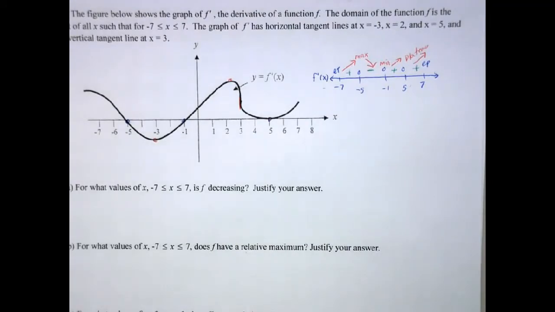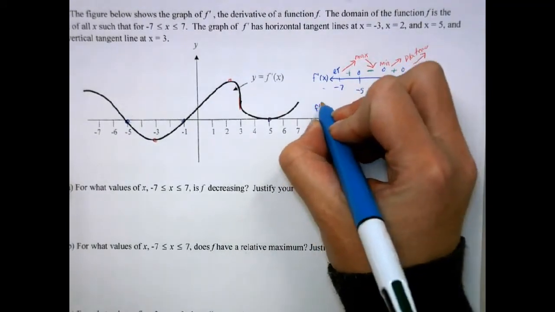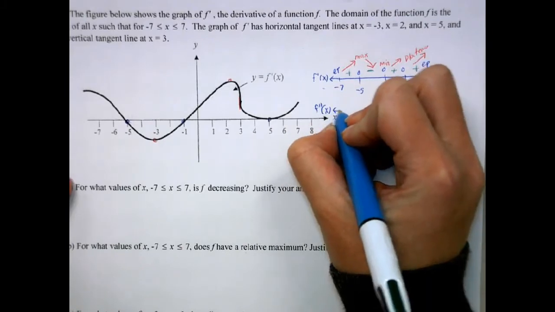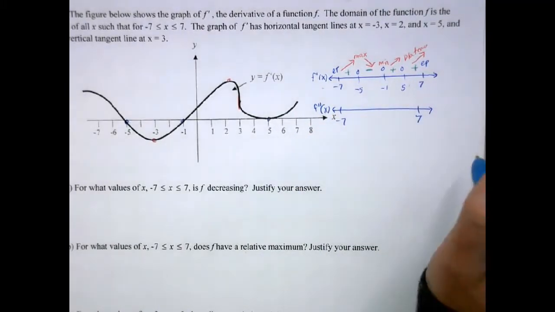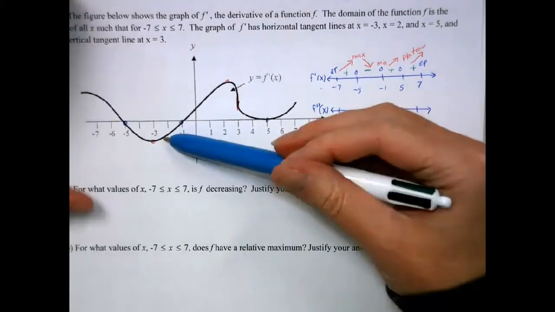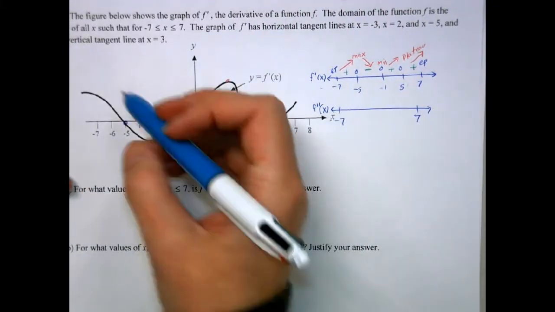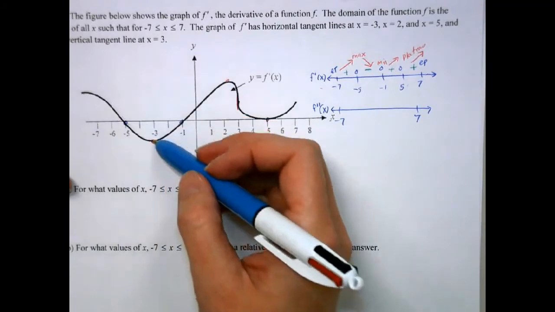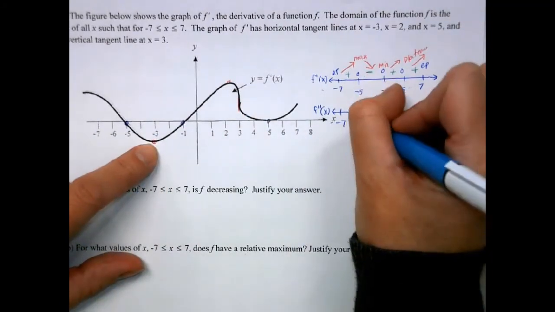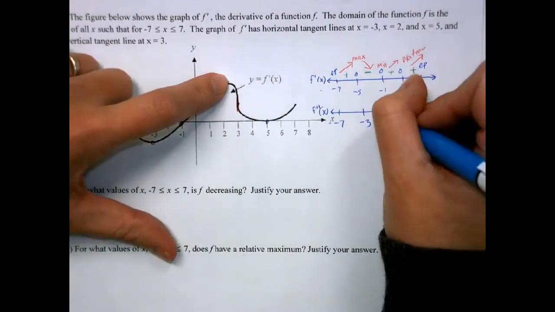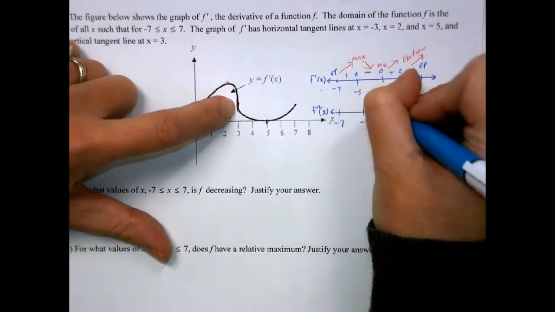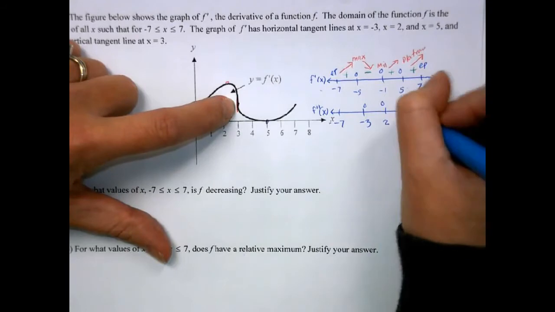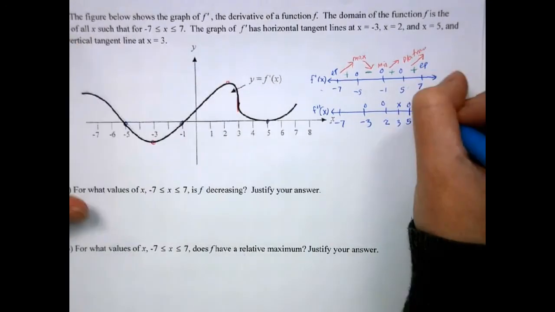We'll go ahead and do our second derivative while we're at it. So now we're looking between -7 and 7 at the slopes of this one, because this derivative is slopes here. So our slopes are 0 at -3. Our slope is 0 at 2. At 3, we have a critical point. It's undefined there, but that's okay. 0 at 5.